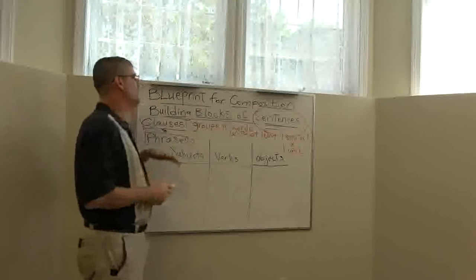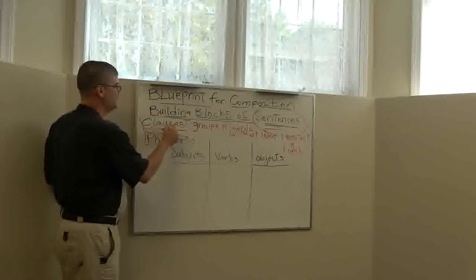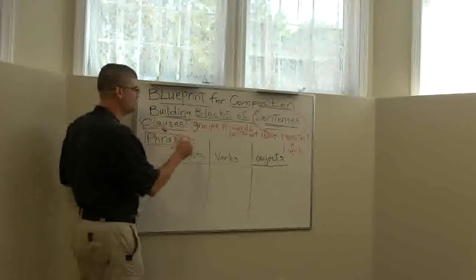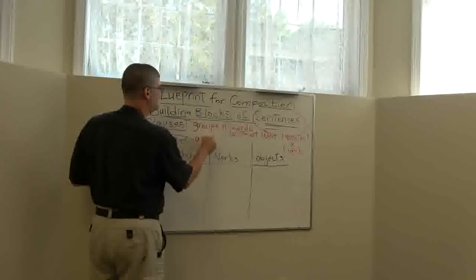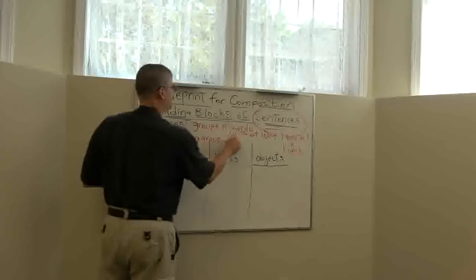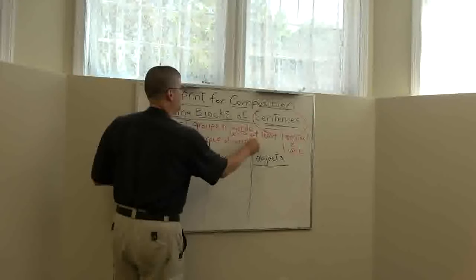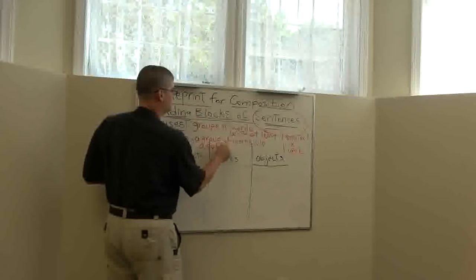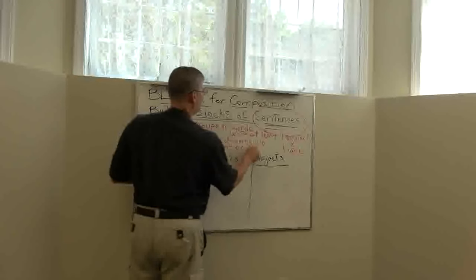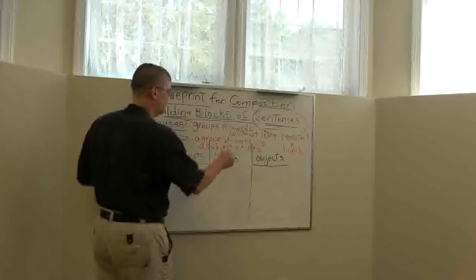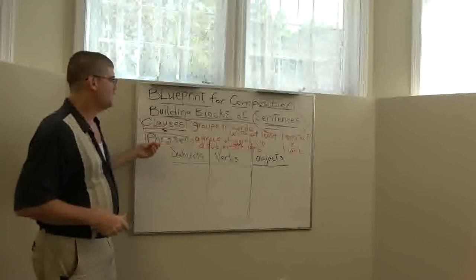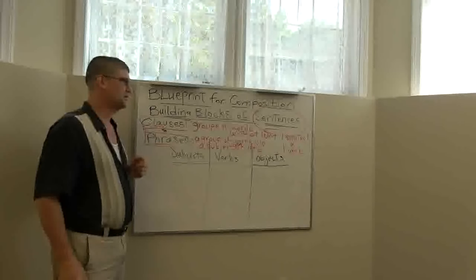Okay? So this is opposed to a phrase, because by definition a phrase is a group of words without a subject and or verb. So, a phrase is not a sentence.